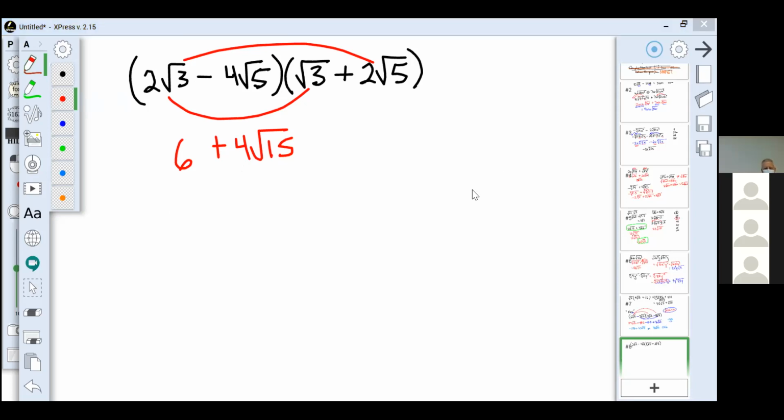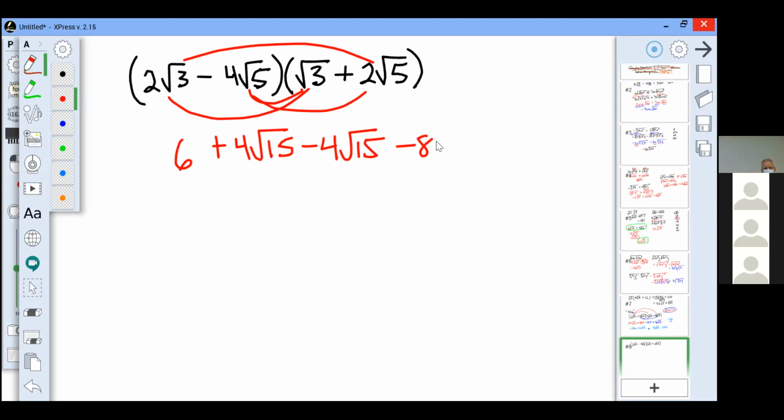Yep, that's exactly right, Isabella. Inside, minus 4 radical 15. Last, negative 8 times 5. So 6 minus 40. I didn't do that on purpose. I swear I didn't do it on purpose.